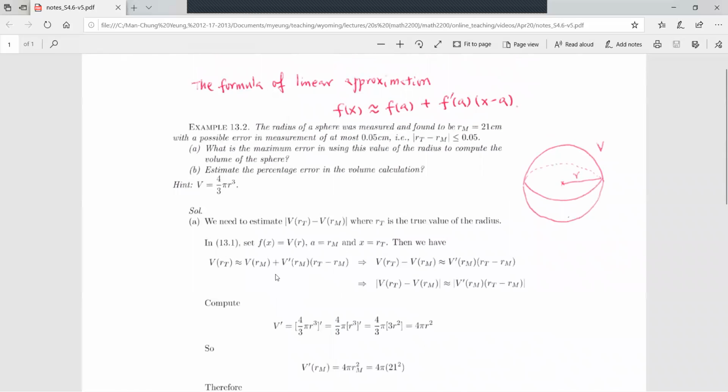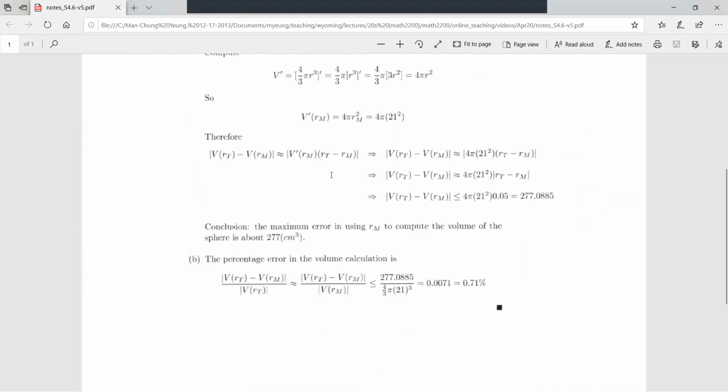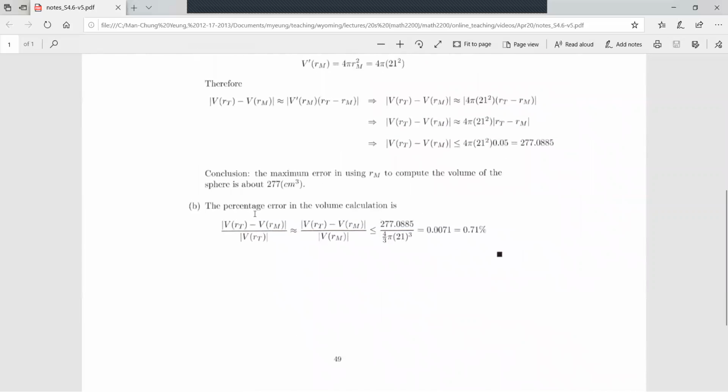Now question B. Estimate the percentage error of the computed volume from the exact volume. The formula of percentage error is the exact volume minus the computed volume, over the exact volume.